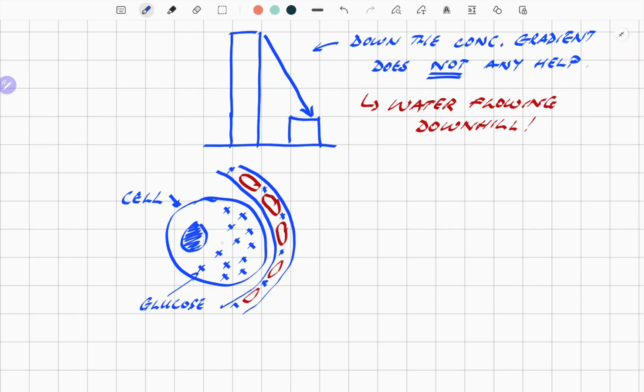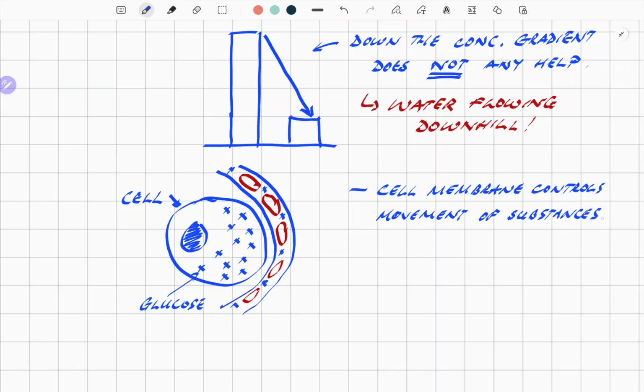Did that bit make sense? The important thing to note here is that the cell membrane controls movement of substances. In this case, it stops the glucose leaving the cell, and instead energy is used.